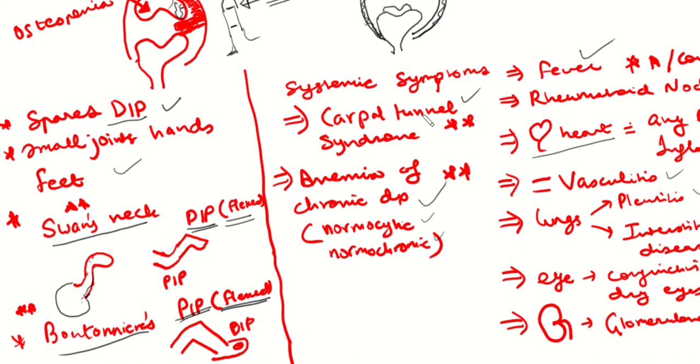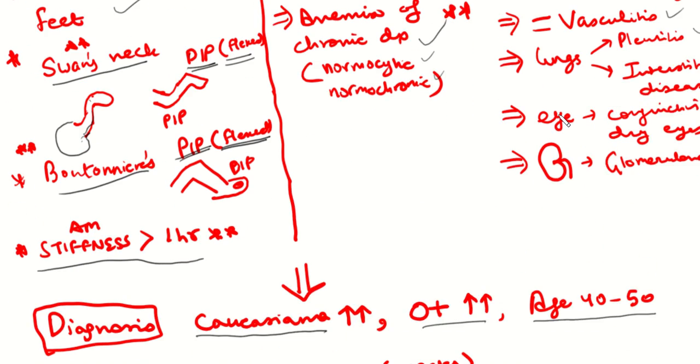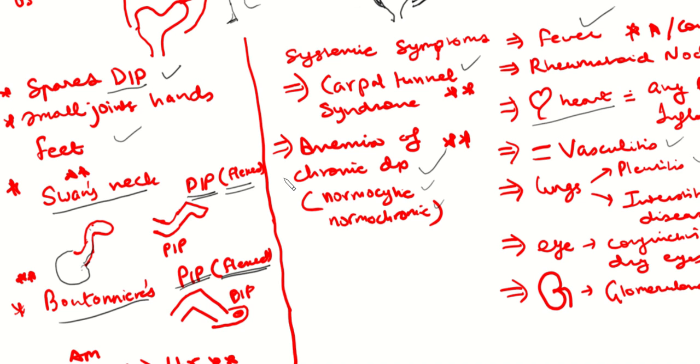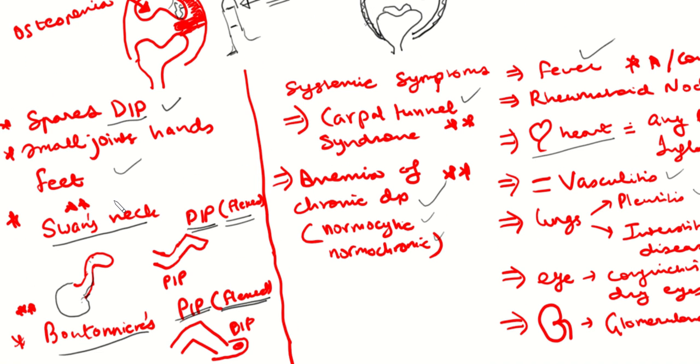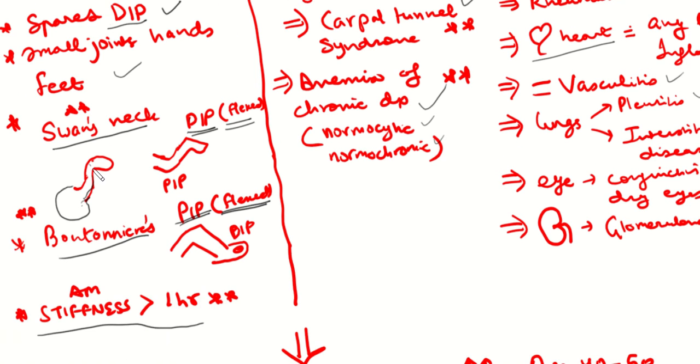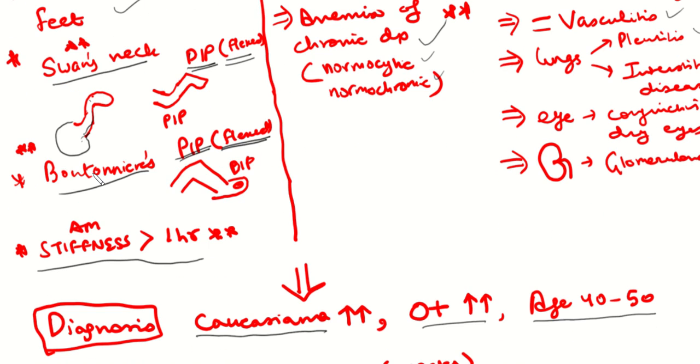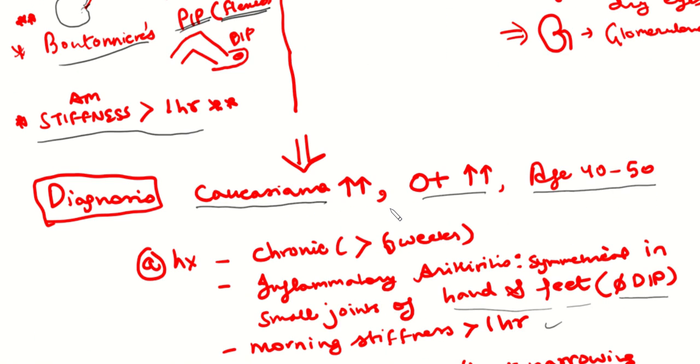Systemic symptoms may include anemia of chronic disease, carpal tunnel, fever, rheumatoid nodules as big symptoms. Again, with some of the deformities, with the joints, it's small joints of hands and feet, spares the distal joints, or DIPs, again, swan necks, boutonniere's disease, and AM stiffness, morning stiffness for more than 1 hour.